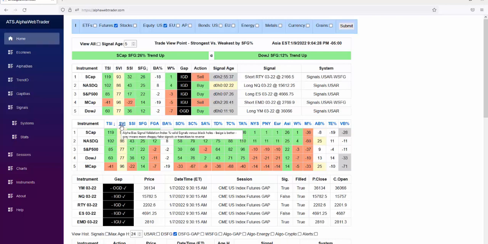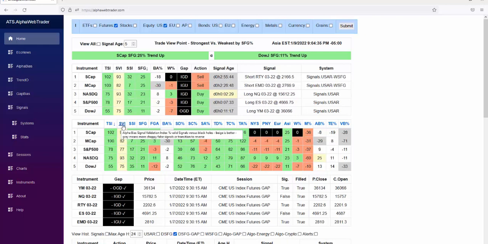Beige is better. So gray means more choppy, false signals, or transition to reverse. So maybe a market in transition, getting ready to reverse. So right now you see this is all beige. That's good. But when these pop up and start turning gray, it's telling us that market is choppy. Maybe choppy, false signals, something you want to consider. Maybe you want to stay out.